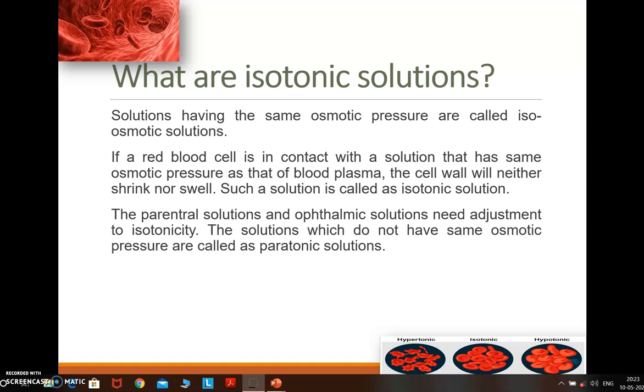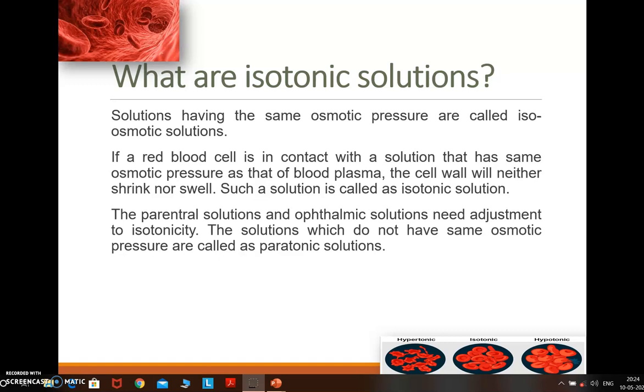what will happen? It will try to exert more pressure on the cells, resulting in shrinkage of your red blood corpuscles. And if I use a solution that is hypotonic, then it would release the pressure on the cells, that would cause swelling of the cells.